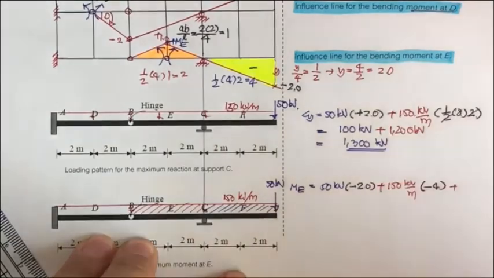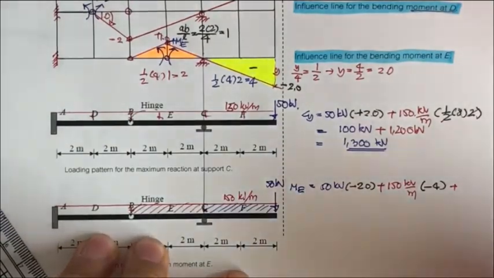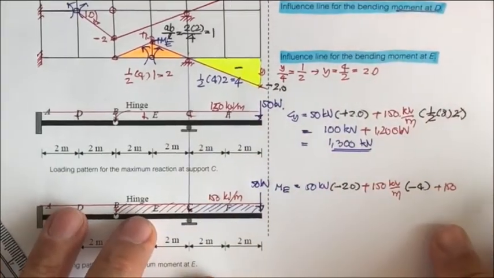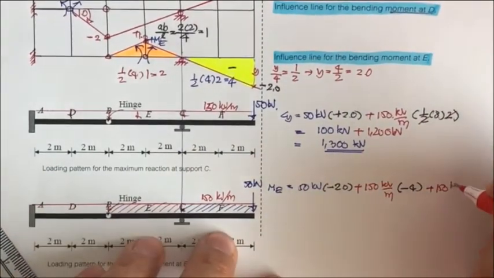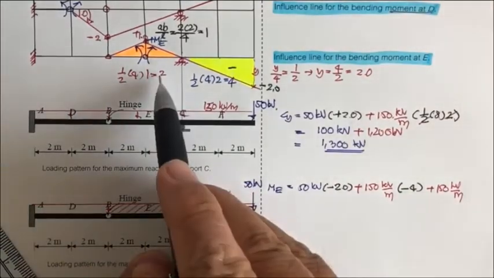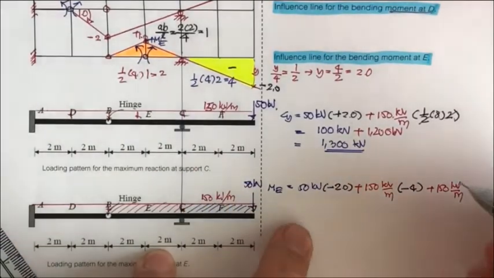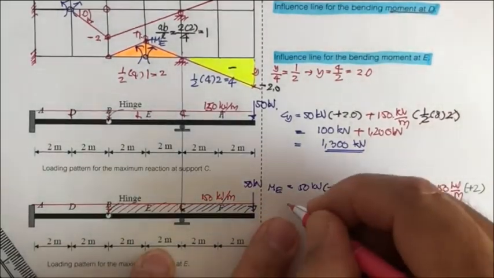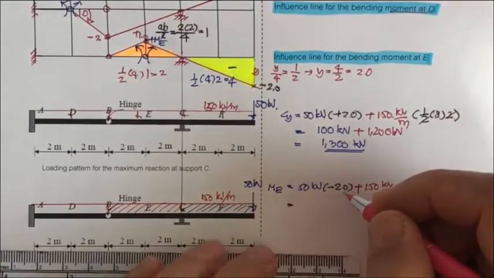So you pass this one for 150 kilonewton per meter, and then you get this one for plus 2, sorry, plus 2. So we will have this one for minus 100.